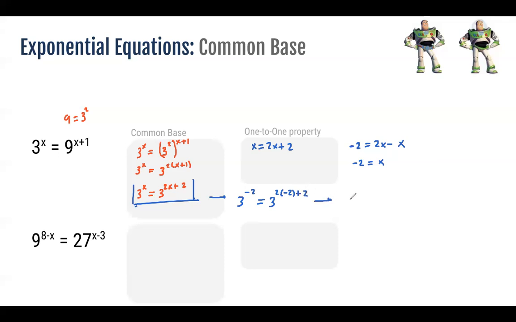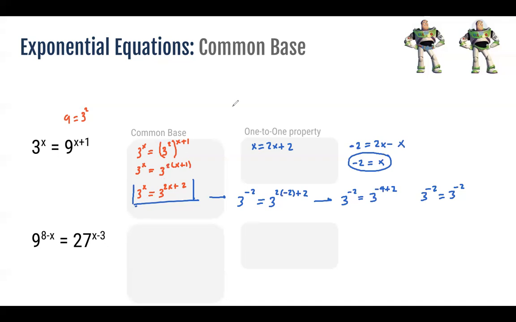So that will end up as 3 raised to the power of minus 2 is equal to 3 raised to the power of minus 4 plus 2. And that is exactly what we wanted, having the same thing on both sides of the equation. So that means that this is the solution to that particular equation.